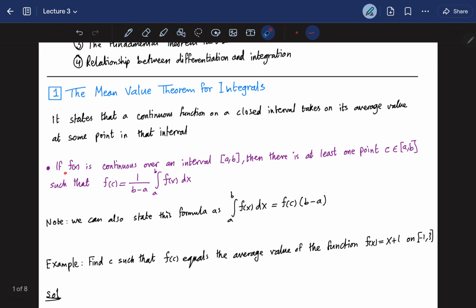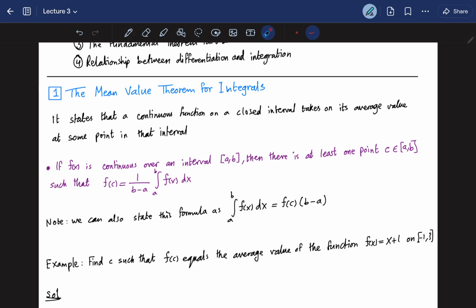theorem here. So if we have a continuous function f on an interval a to b, then we must have a point c in this interval such that the image of this point is just the average value of the function that we talked about in the last video in section 1.2.